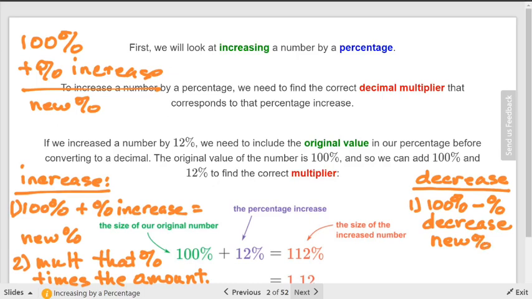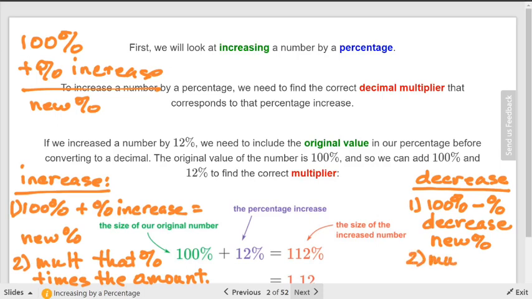So if you change the percent, the mathematics is a lot easier than if you take the percent of the amounts and try to work with the amounts. It's much easier to find 85% of something using your calculator than it is to find 15% of something and then subtract it. It's just faster and easier to find a new percent instead.